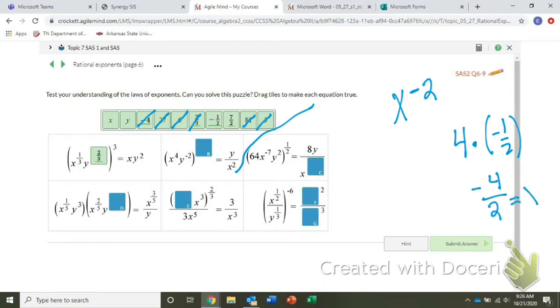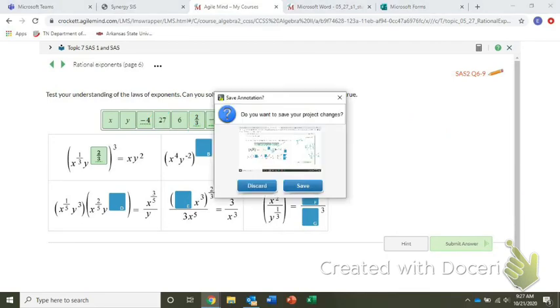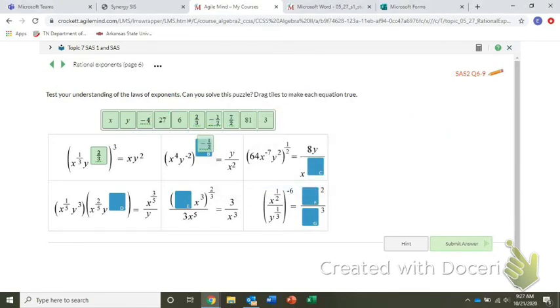Well, that's a negative 2. Isn't that what I'm looking for? Because I would have to move it to the bottom. Yep. So we have this.